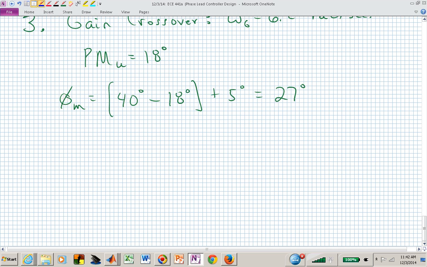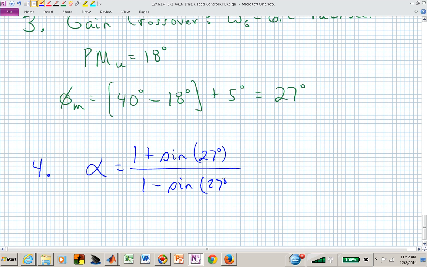Now that we've identified the phase that we need, we can compute the pole zero separation that we need, which is alpha. That's 1 plus the sine of 27 degrees over 1 minus the sine of 27 degrees. If we compute that, we end up with our pole and zero being separated by a factor of 2.66.